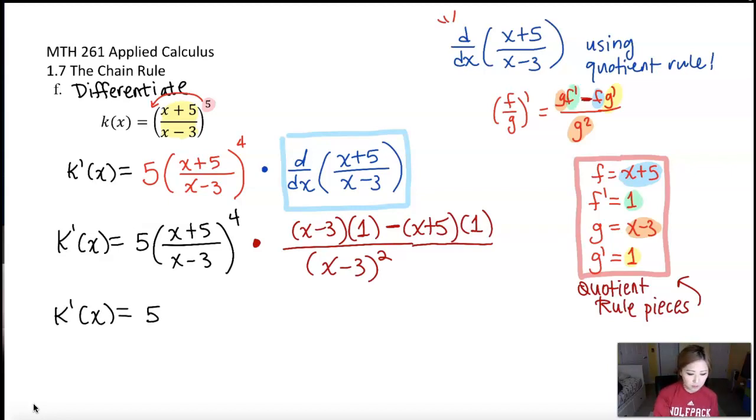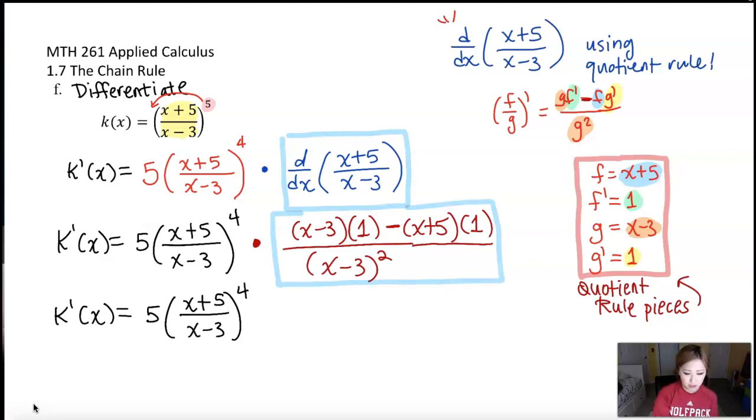I'm going to go ahead and just keep this one exactly the same. But let's simplify this a little bit, okay? Let's go ahead and simplify that. And what's that going to give us? The numerator, well, I'll start with the denominator. Denominator is still x minus 3 squared.